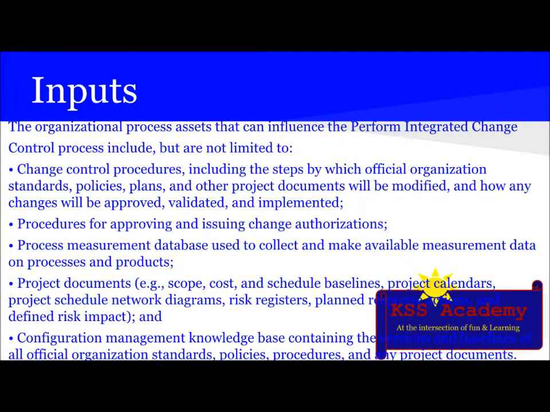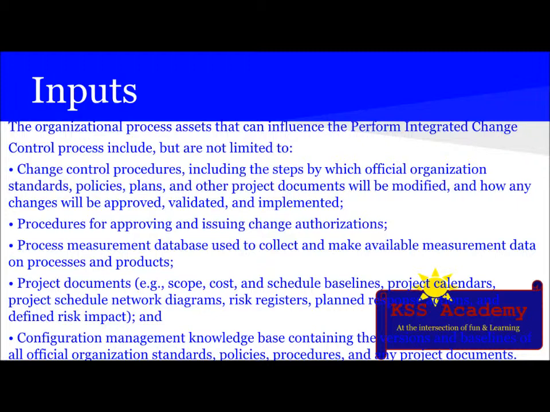The organizational process assets that can influence the Perform Integrated Change Control process include change control procedures, including the steps by which official organization standards, policies, plans, and other project documents will be modified and how changes will be approved, validated, and implemented.